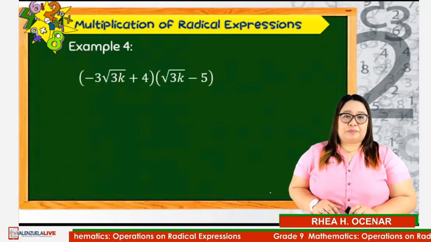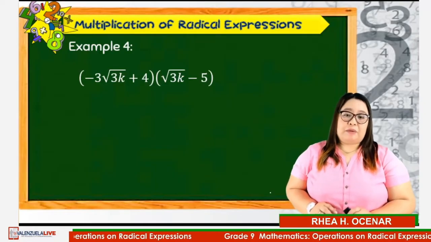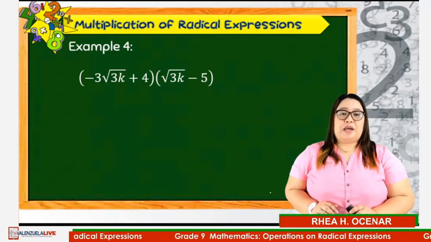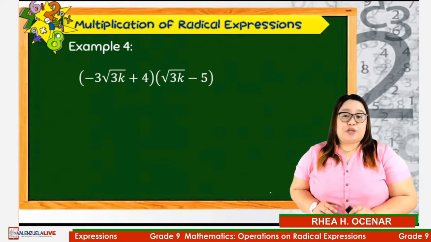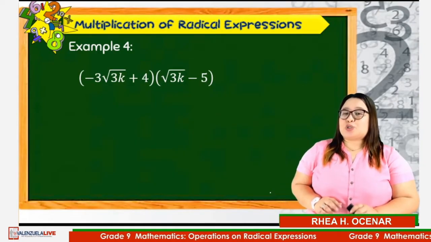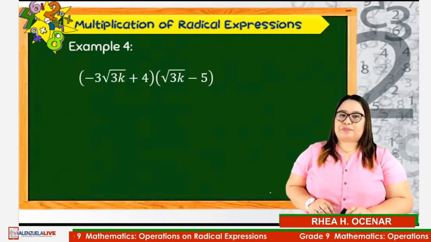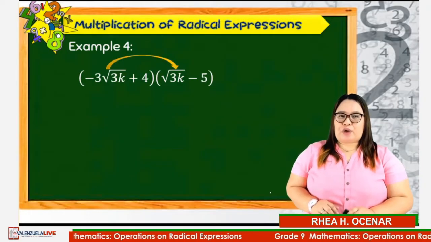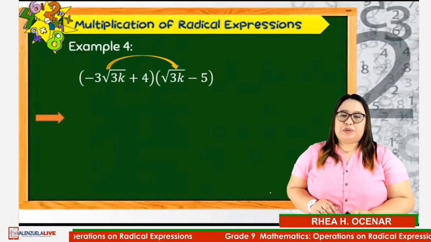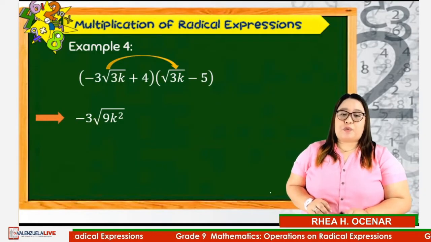Next example. The quantity negative 3 square root of 3k plus 4 times the quantity of square root of 3k minus 5. As you can see, the given radicals are both binomials, so we will use the FOIL method to solve this problem. Negative 3 square root of 3k times square root of 3k is equal to negative 3 square root of 9k squared.